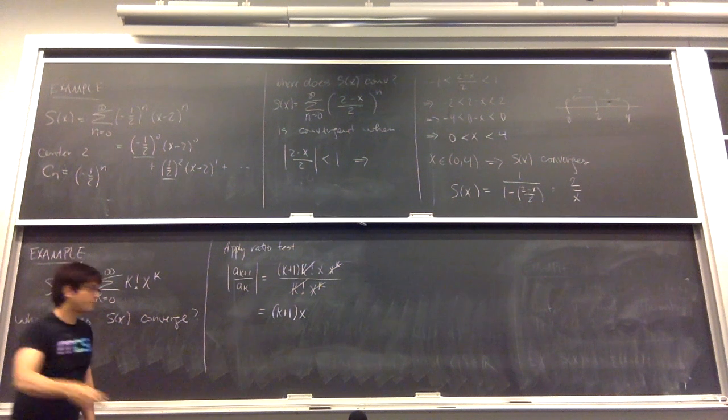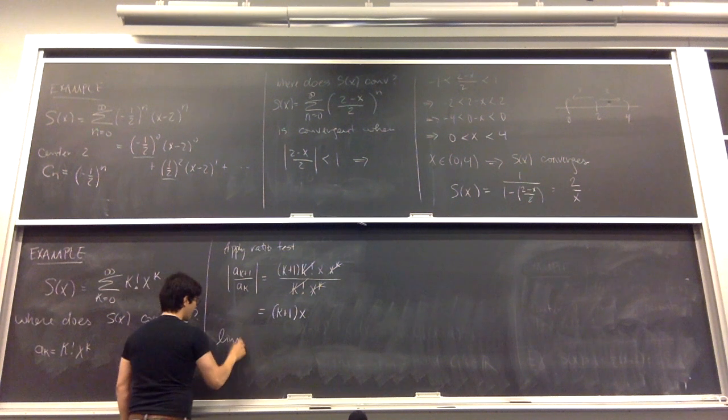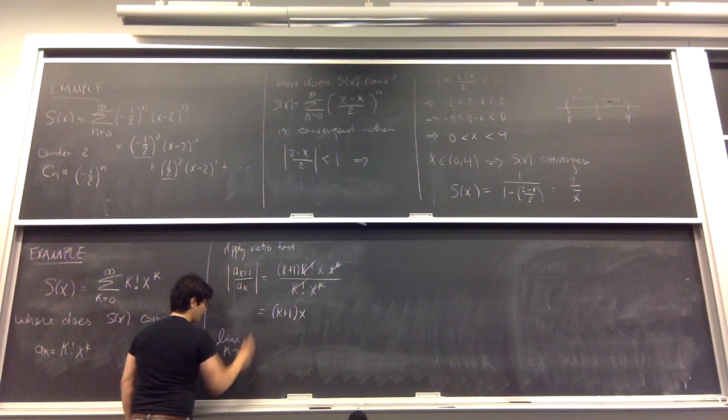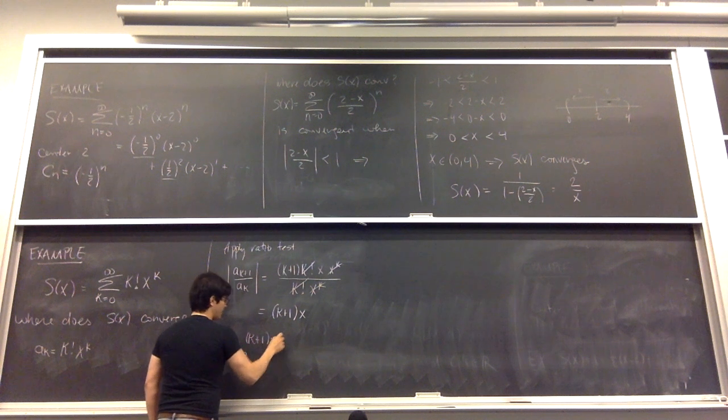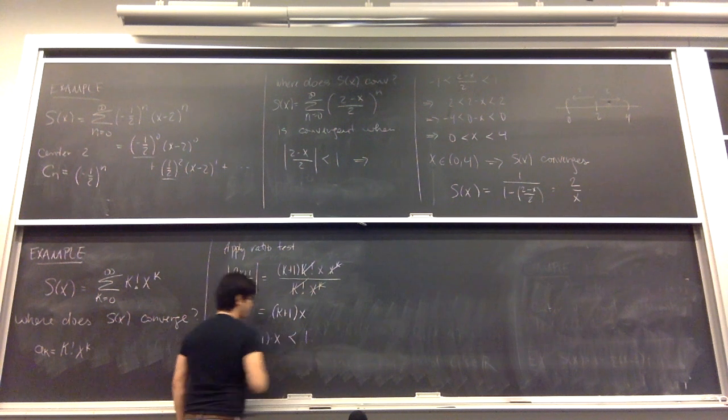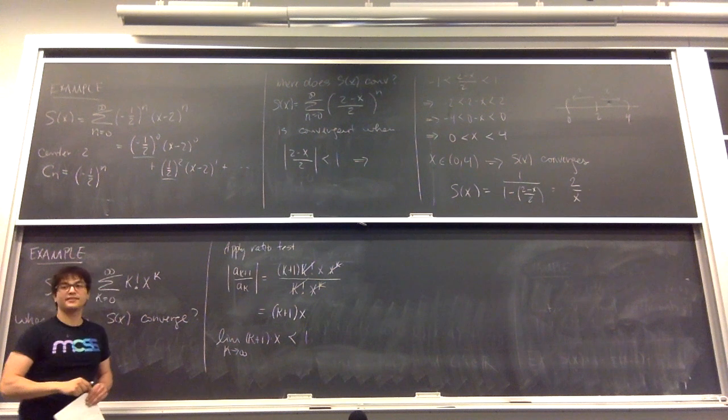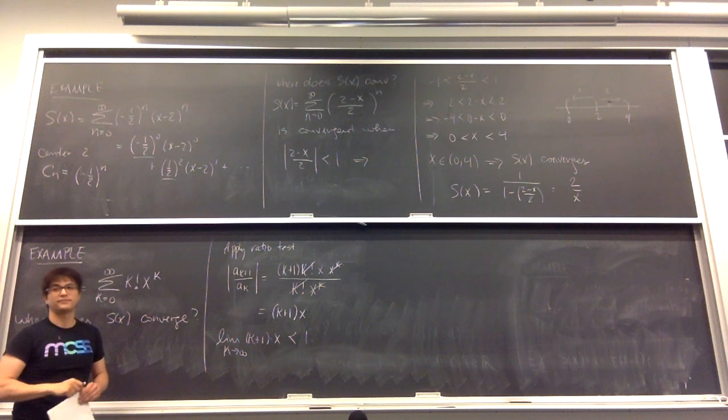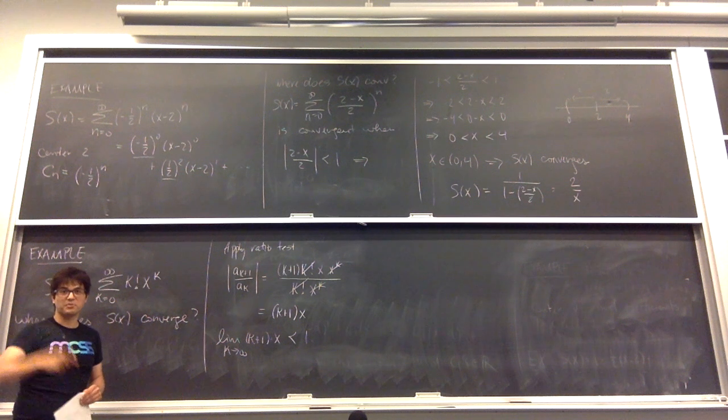Now, as you said, we need it to be the case that the limit as k goes to infinity of k plus 1 times x is less than 1. So for which x will this work? Zero. Who agrees with him?